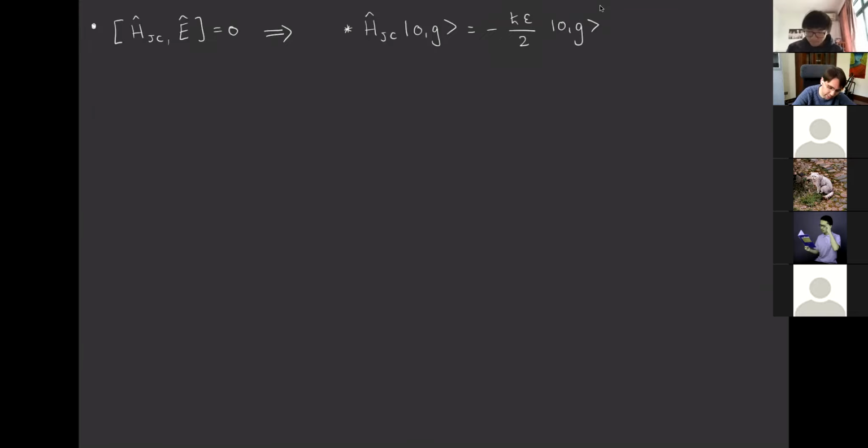On the other hand, the excited states of the Hamiltonian must lie in the degenerate subspaces.